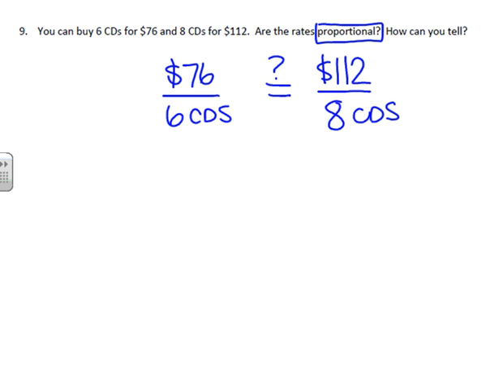You have two options. You can either calculate the unit rate, where you would find the cost for 1 CD at the first location and 1 CD at the second location. We did an example like that in the first one, so I'm going to use a different method, but either one would be okay.